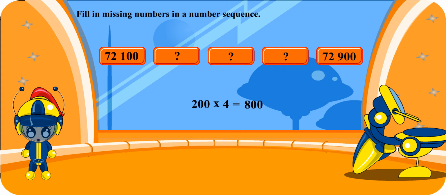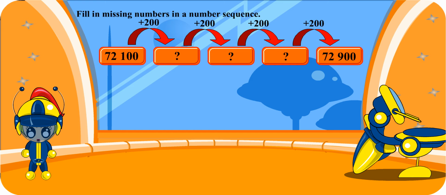The number is 200, as 200 times 4 equals 800. Thus, each number in this sequence must be 200 more than its preceding number. Therefore, the three missing numbers are 72,300, 72,500, and 72,700. Smart girl!